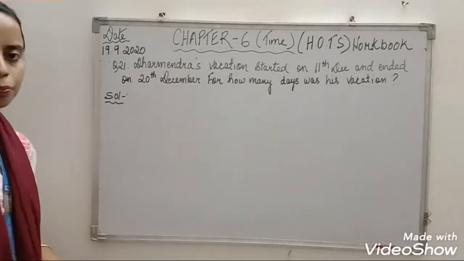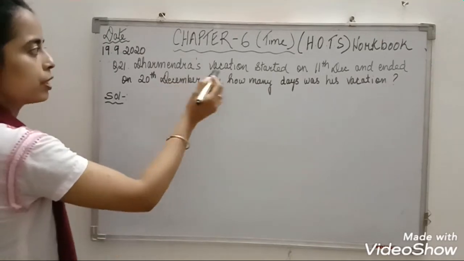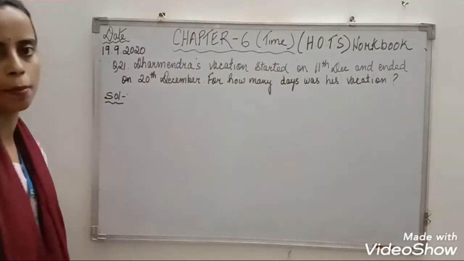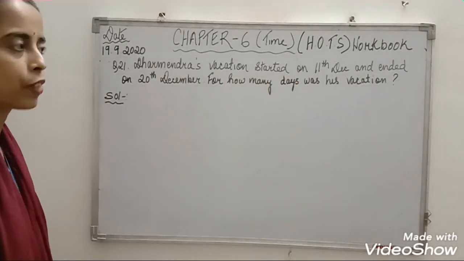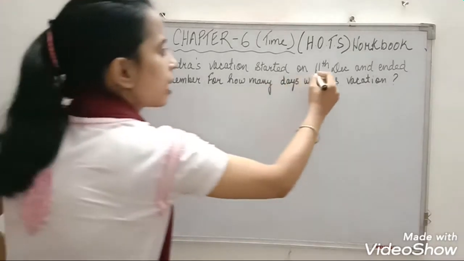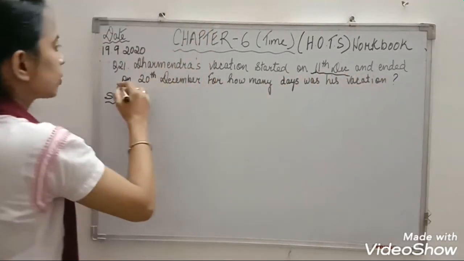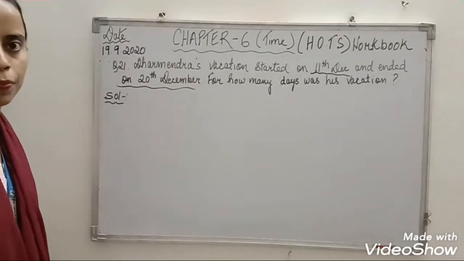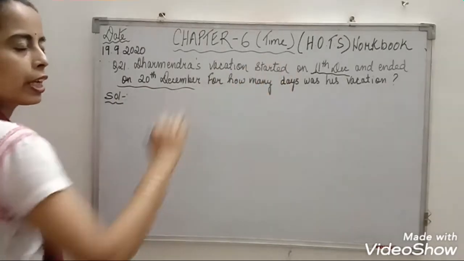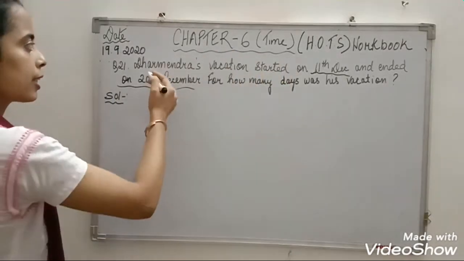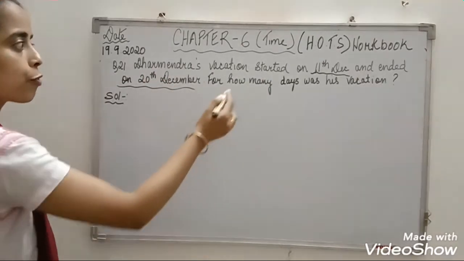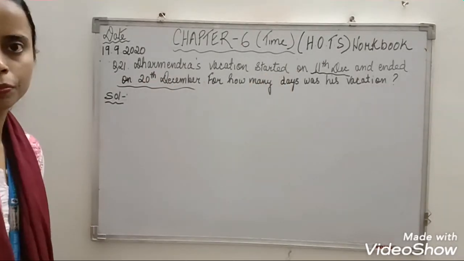So what is the question? Dharmendra's vacation started on 11th December and ended on 20th December. Starting date of vacation is 11th December. Ending date is 20th December. For how many days was his vacation?